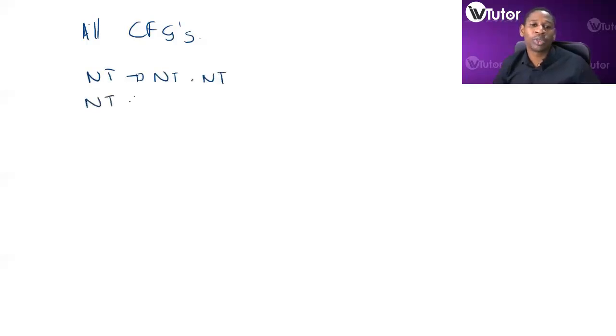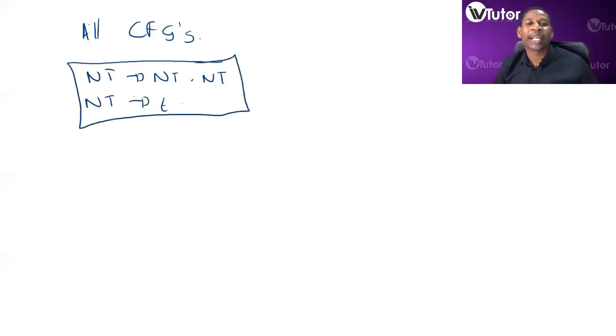So what we want to do now is to prove that all CFGs can be written in the form of a non-terminal goes to exactly 2 non-terminals, or a non-terminal goes to exactly 1 terminal. So what we want to prove is that we can write all CFGs in this format.